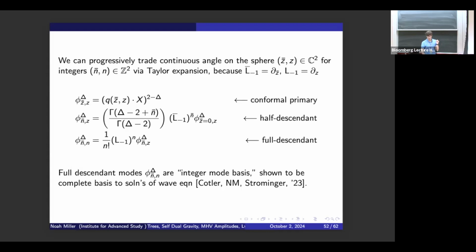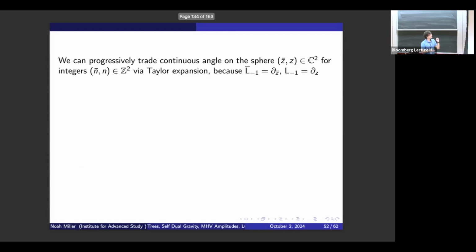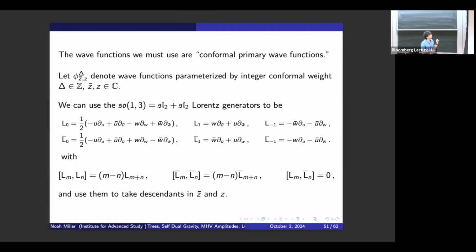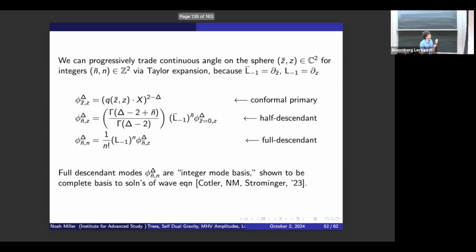You set z bar to 0, and then you take these Lorentz generators, which are just the spacetime Lorentz generators. So you can start from z and z bar, and for the half descendants, you just trade the z bar for the n bar by Taylor expanding in z bar, and you can Taylor expand in both of them to get these.